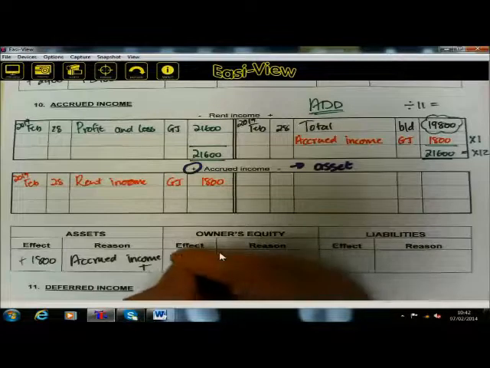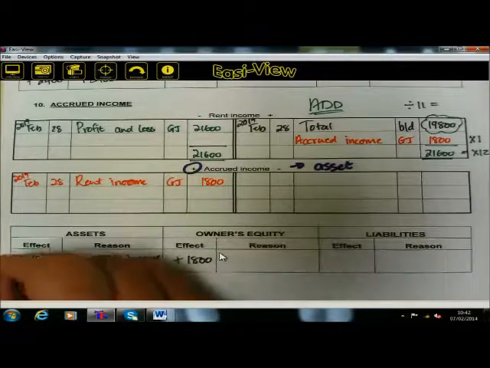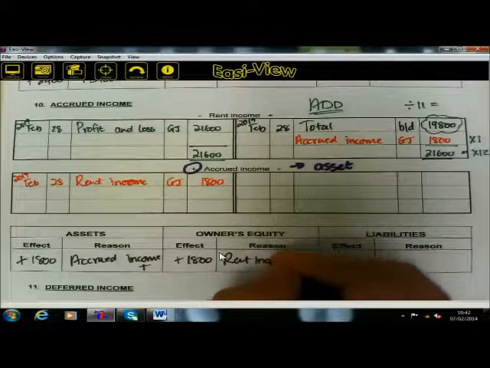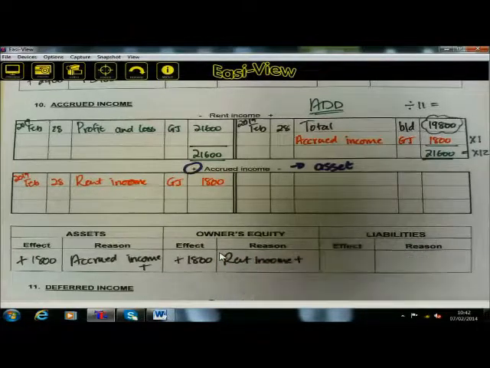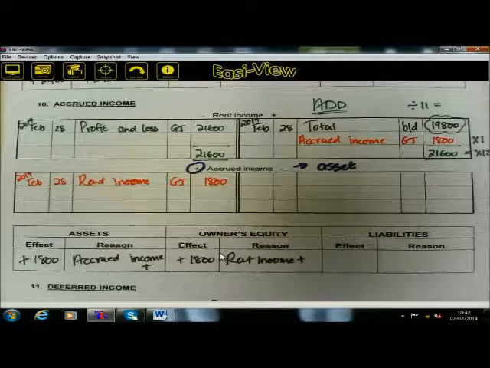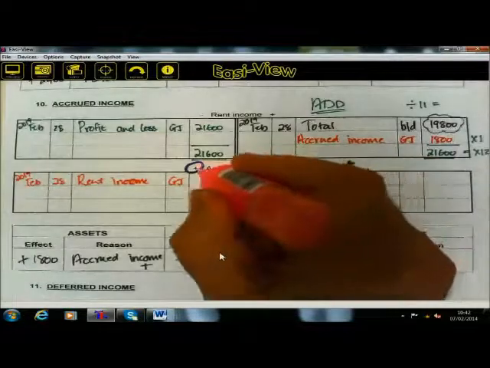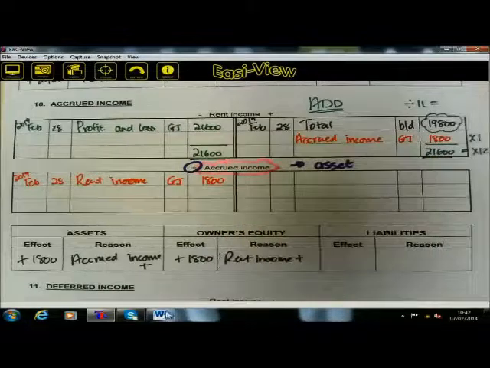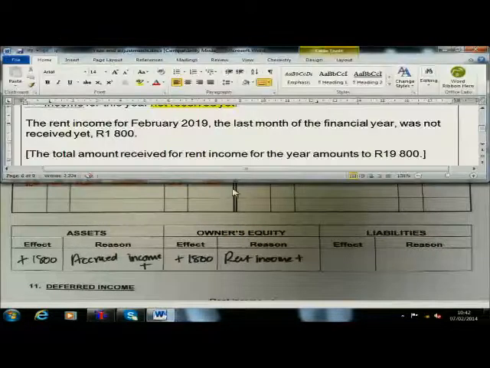And there's a plus 1,800 in the owner's equity because the rent income becomes more. And that is one of the temporary accounts. Your accrued income is one of the temporary accounts that we must do a reversal entry on the first day of the next financial year.